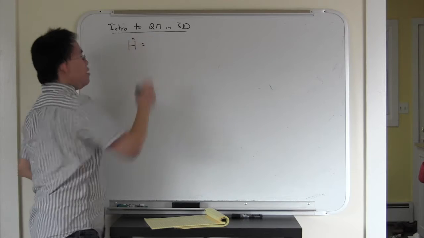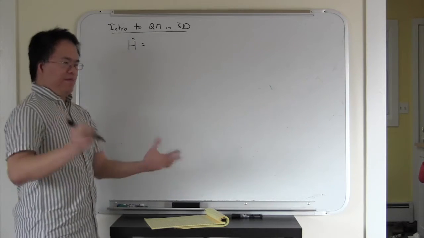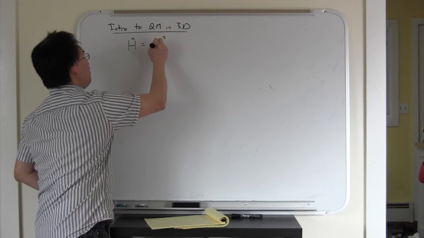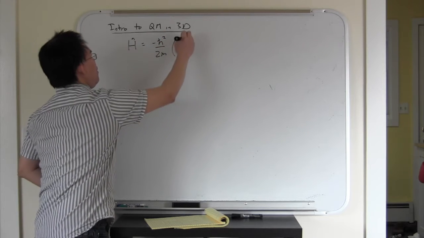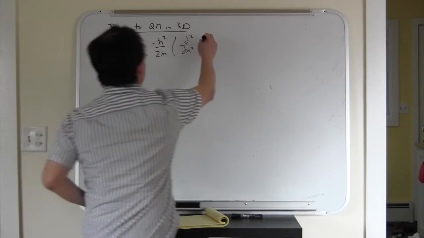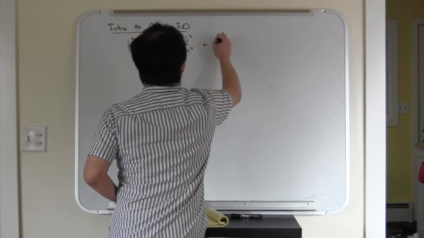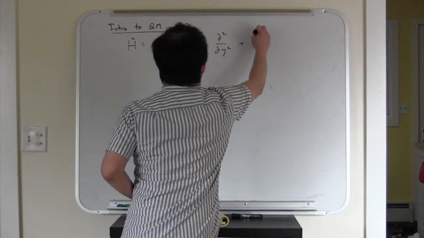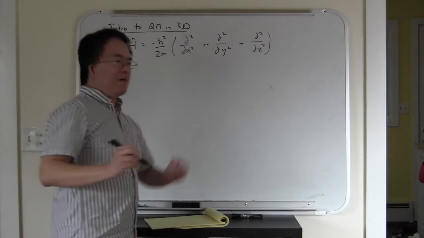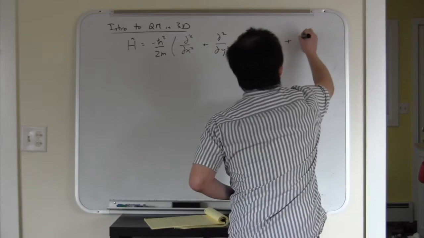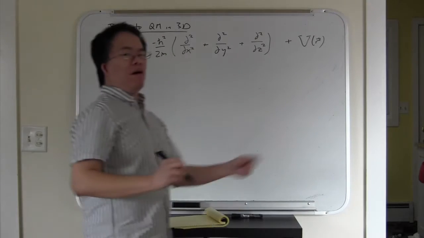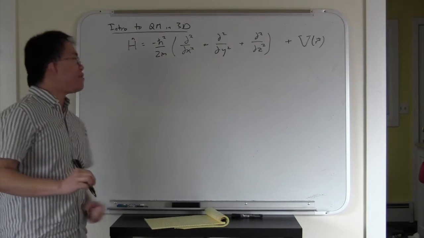In 3D we have p squared, all three components, over 2m, and that turns out to give us a factor of minus h bar squared over 2m times partial squared partial x squared plus partial squared partial y squared plus partial squared partial z squared. This would act on a wave function, plus a potential energy V of r, where again r is x, y, and z.